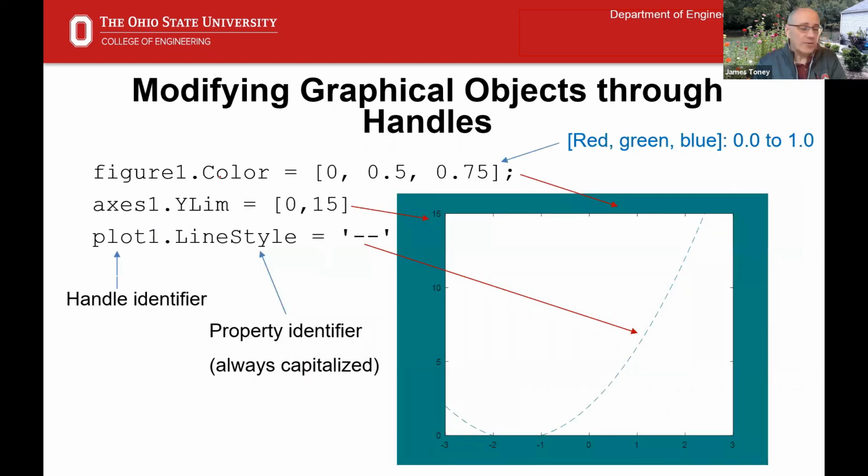All right, so let's say you've already opened this figure previously, and now you decide you want to change the background color. You can do figure1.Color equals, and then whatever set of values you want, red, green, and blue. And remember this convention, these properties or fields will always be capitalized.